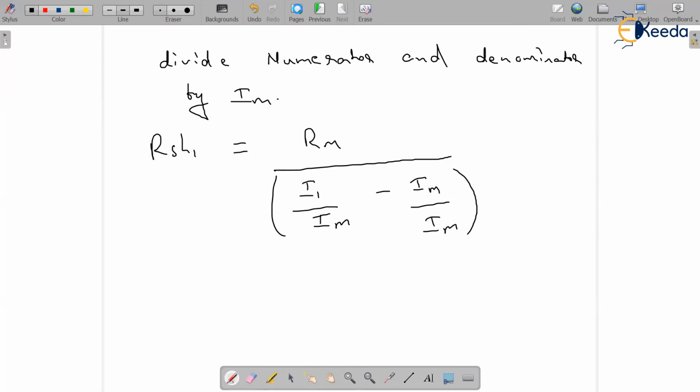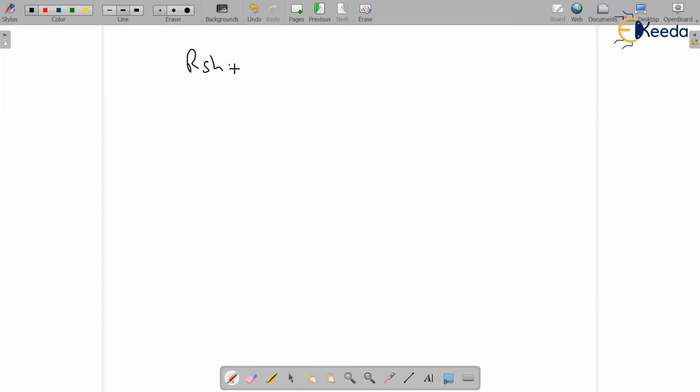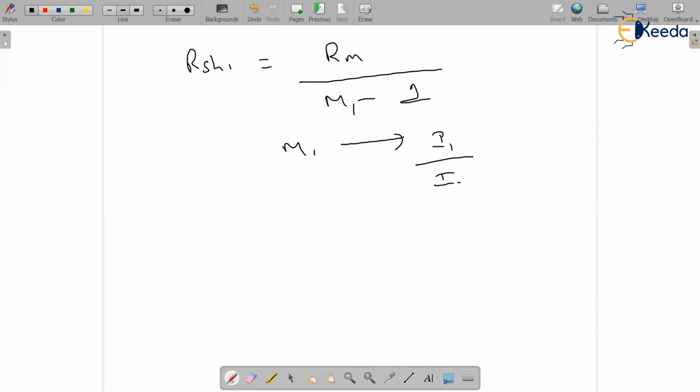So this becomes RSH1 is equal to Rm by M minus 1, where M tends to I1 by Im.